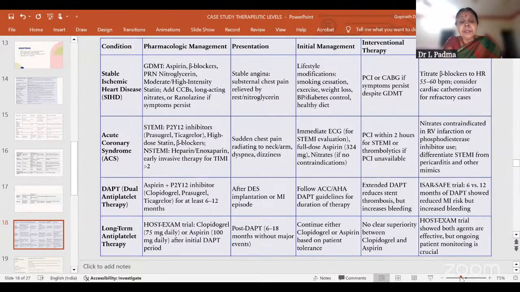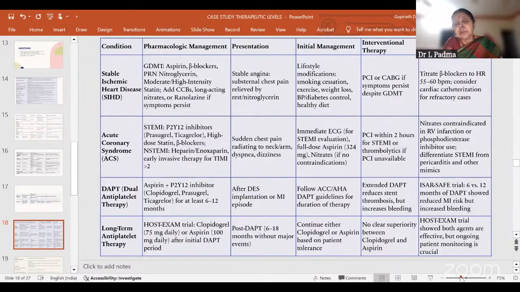Then long-term antiplatelet therapy with clopidogrel 75 milligrams and aspirin 100 or 150 milligrams after initial DAPT. Most often we give it for 1 year, and after that, if there is high risk, in such cases we use both the drugs.